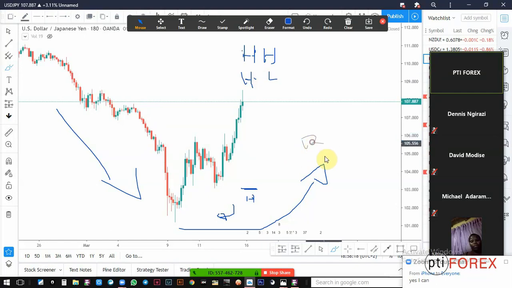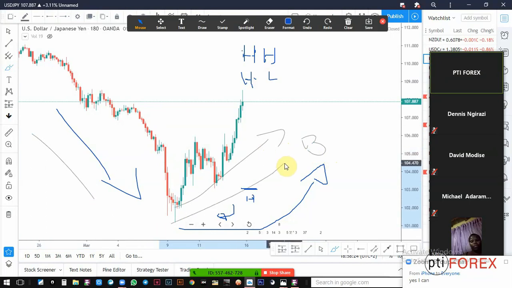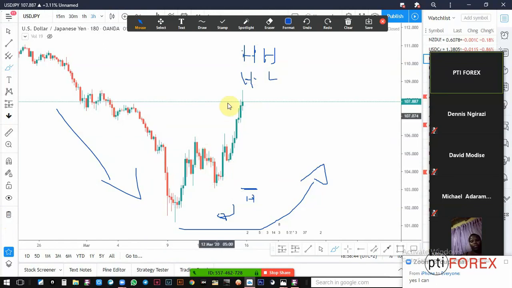We want to buy because we can see that the momentum has changed from a downward momentum into an upward momentum, because of the higher highs and higher lows which have been formed on the market. We cannot buy when the price is up here, so let them give us a discount, then we will buy. So what we are waiting for right now is for the price to come back a bit.